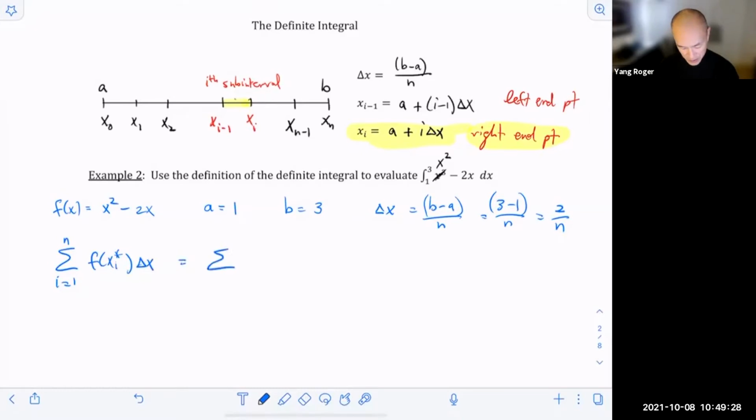So this is the summation as i goes from 1 to n of (xi star squared minus 2 times xi star), all this times delta x. What did I do? I just substituted xi star into my function f right here. Are there any questions about that?